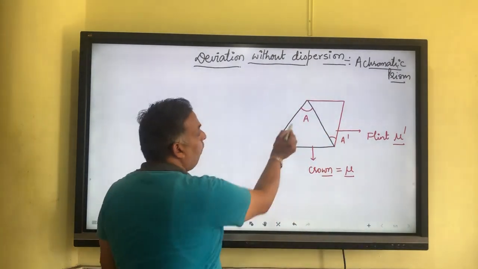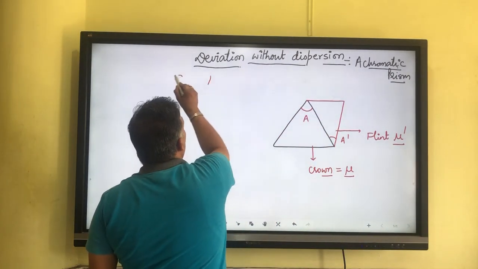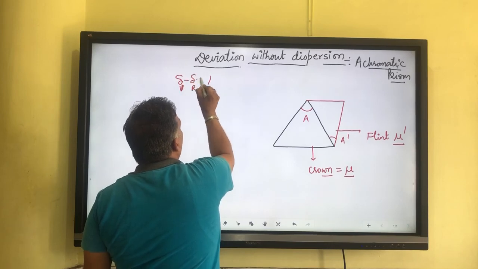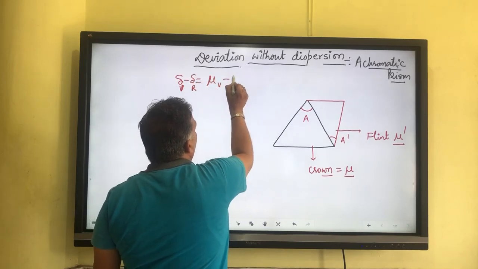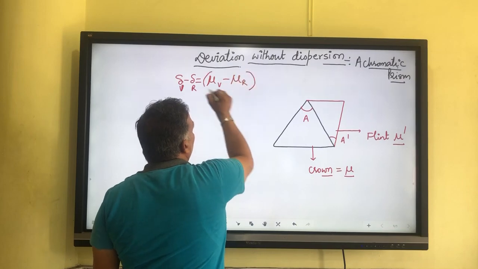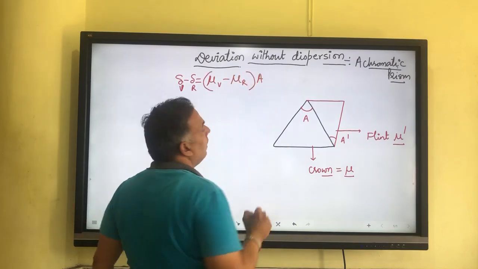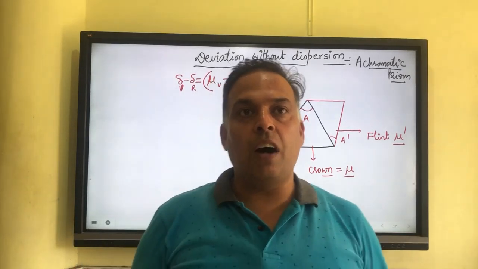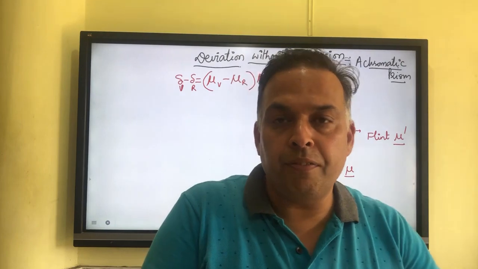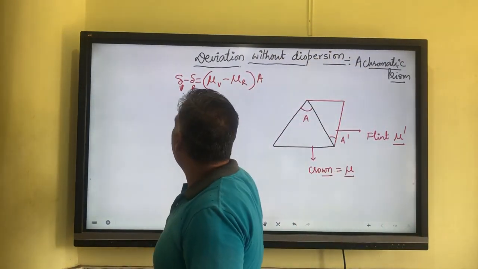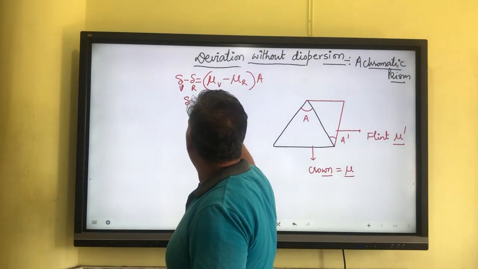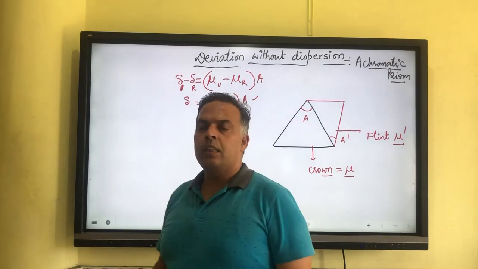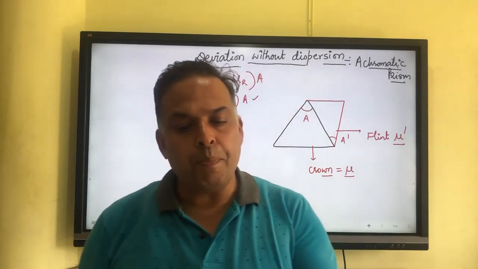Angular dispersion of one is delta V minus delta R, which is mu V minus mu R into A. So the deviation for the mean light is mu minus 1 into A. This is the mean deviation of a prism.